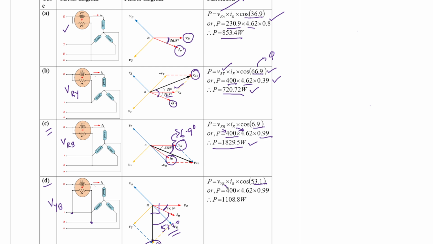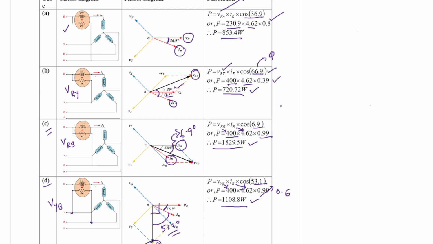Again, VYB is equal to 400 volt, IR is equal to 4.62, and cos 53.1 is not 0.99, that is wrong. I think cos 53.1 is 0.6. So if you solve this, it will come as 1108.8 watt. You can also verify.